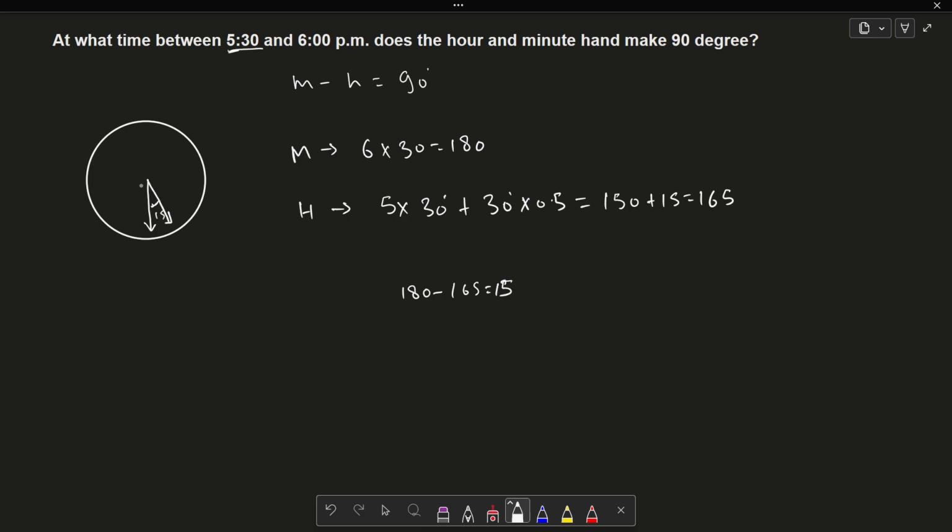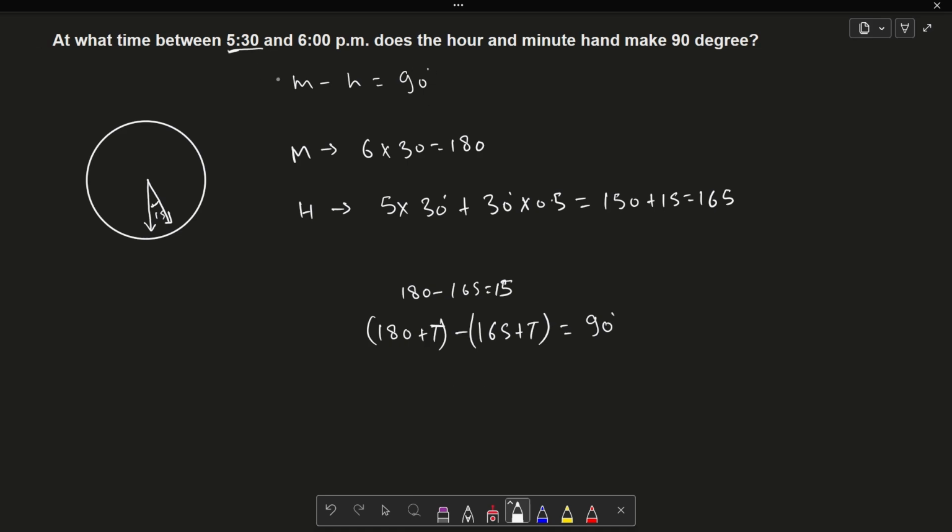And you have to make this difference between the minute hand and hour hand 90 degrees. So you surely have to add some time to it, okay? 165 plus t, right? This is not t, okay?